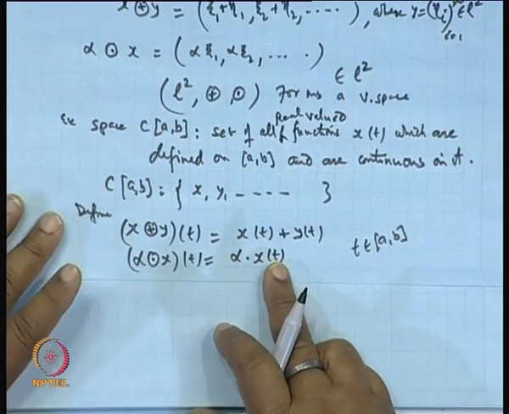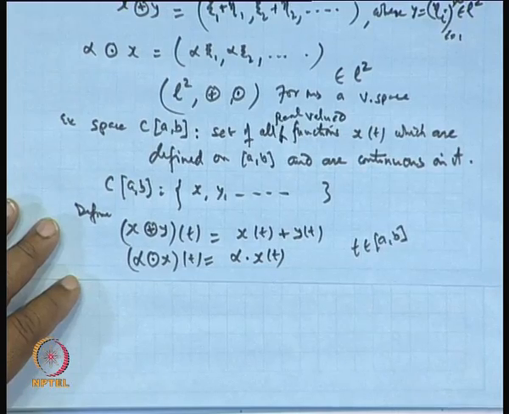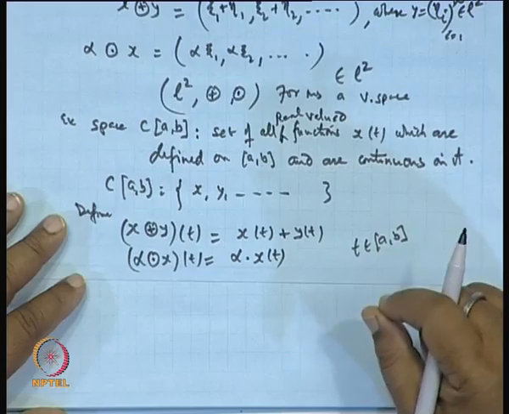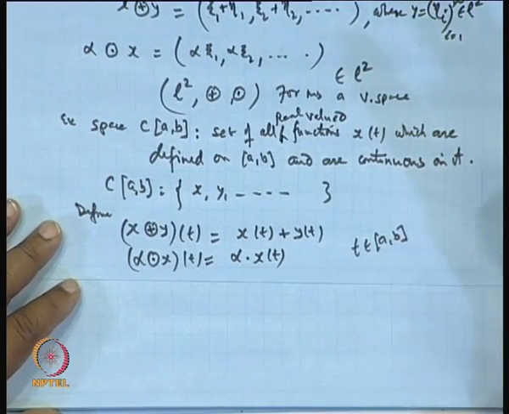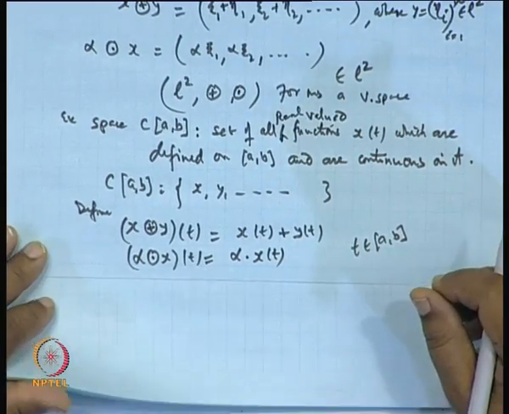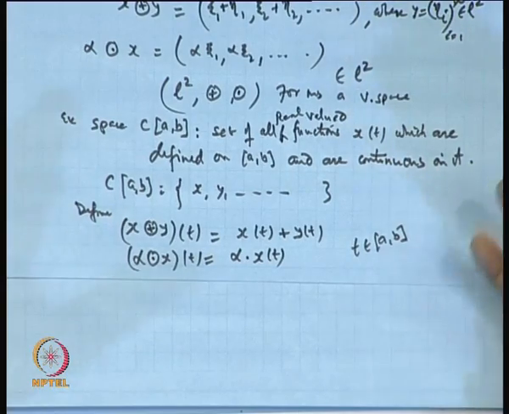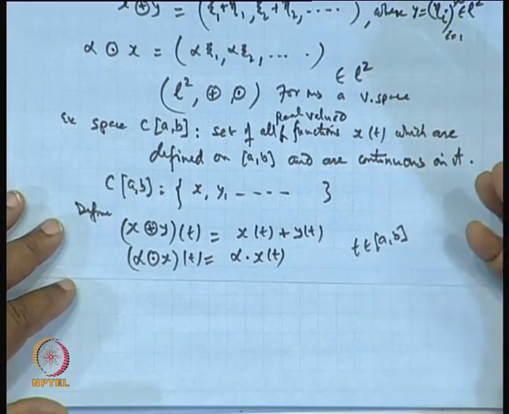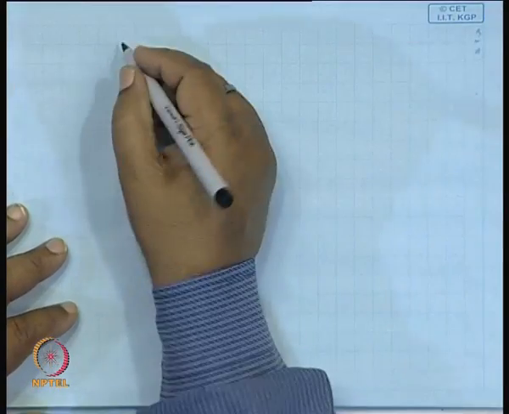So, this forms it. Now, what is the identity element for addition? Is there a continuous function which satisfies x plus 0 equal to 0 plus x? In fact, a function which is identically 0 is also a continuous function. Constant functions are continuous. So, the function which is identically 0 will behave as the identity element.